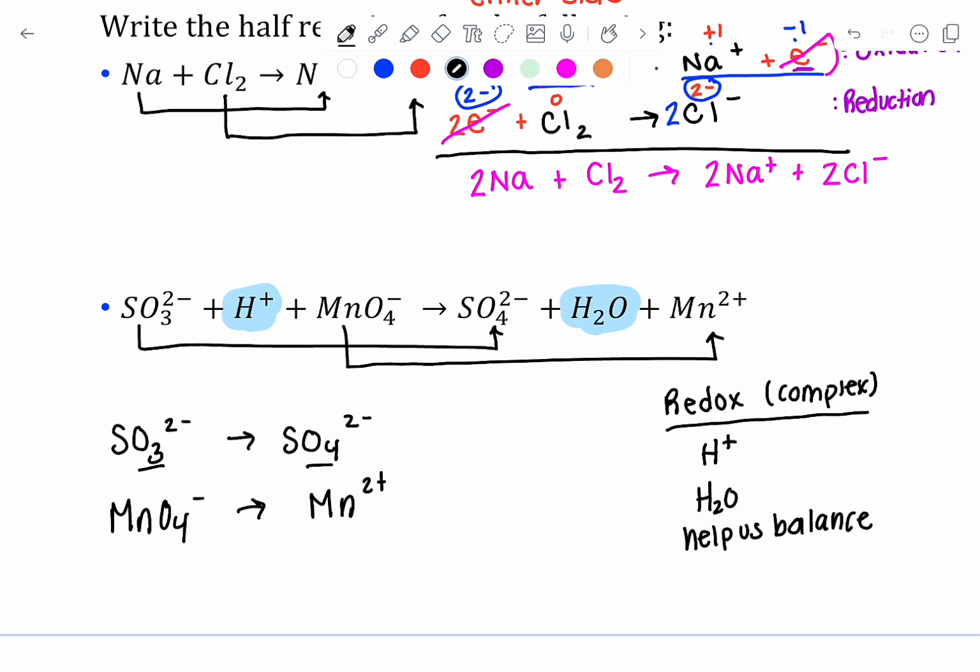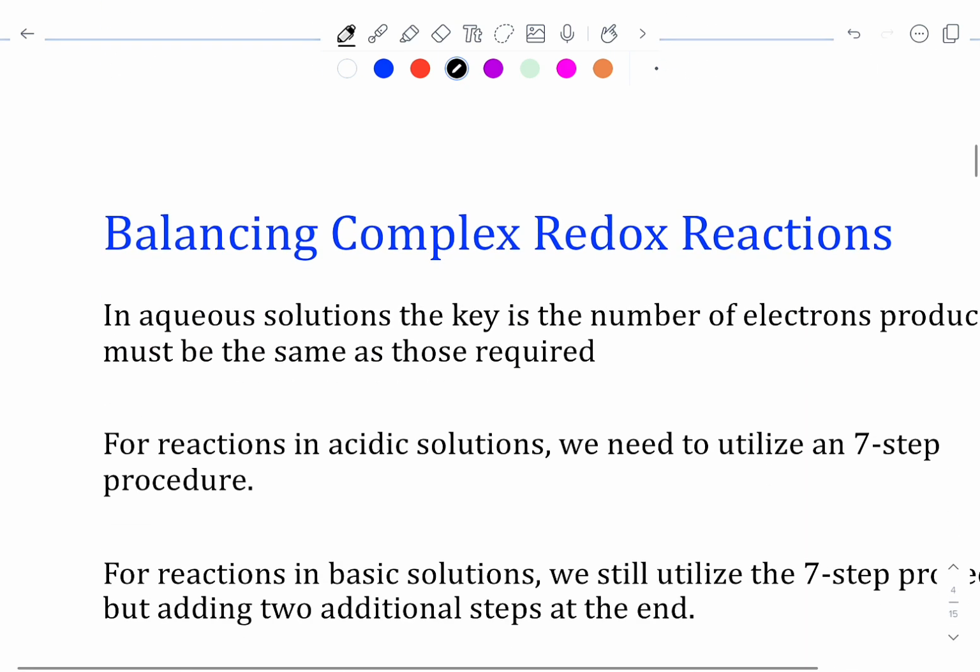So they're going to be tools that we can use to help us balance these more complex redox reactions, where we're not just changing the number of electrons on a specific compound or element, but we're actually changing the number of individual elements in that compound. So let's start exploring that.